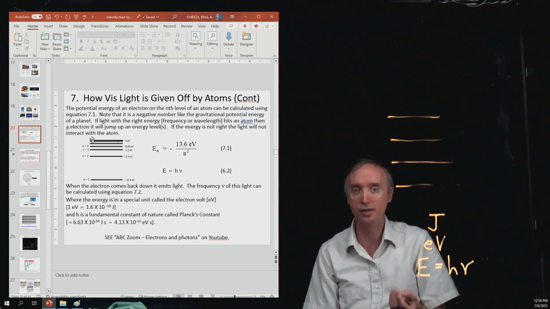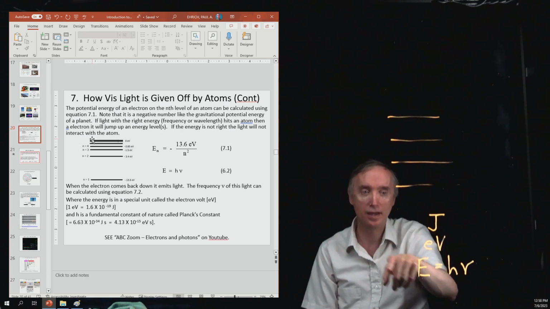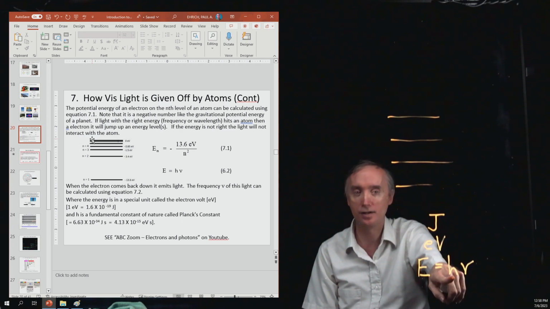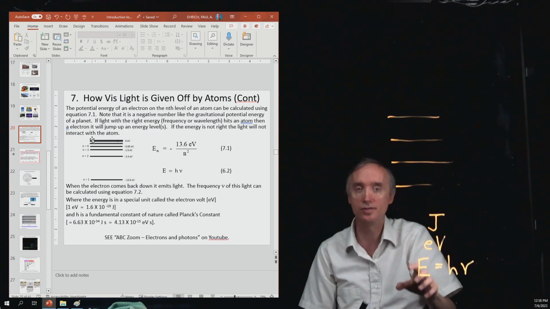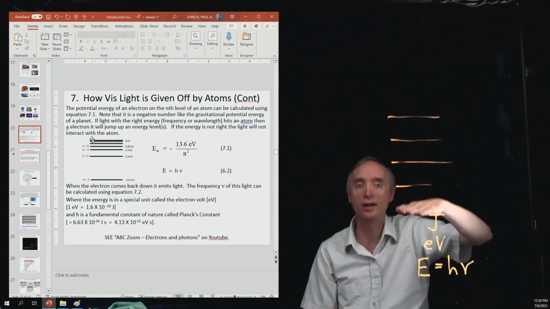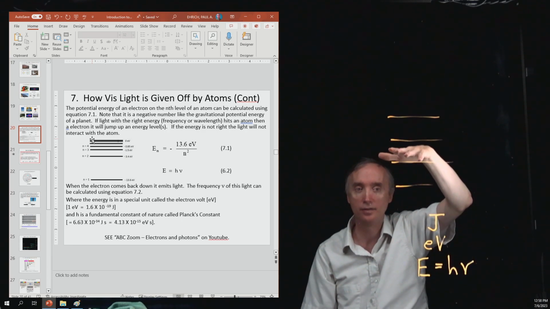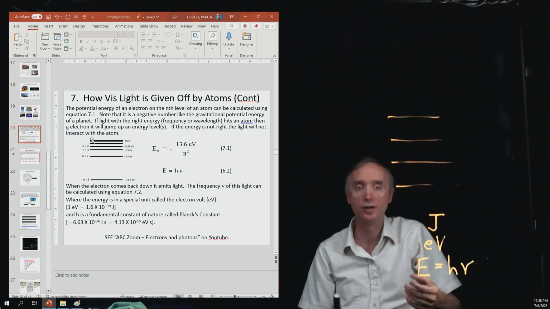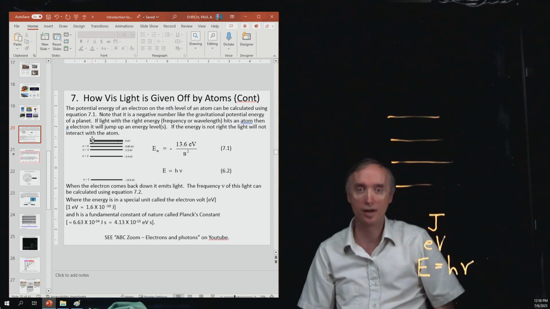I gave you Planck's constant here, which you don't need to know for the exam. I just want you to see that the greater the energy that the light gives off, the greater the frequency of the light that's going to be emitted.